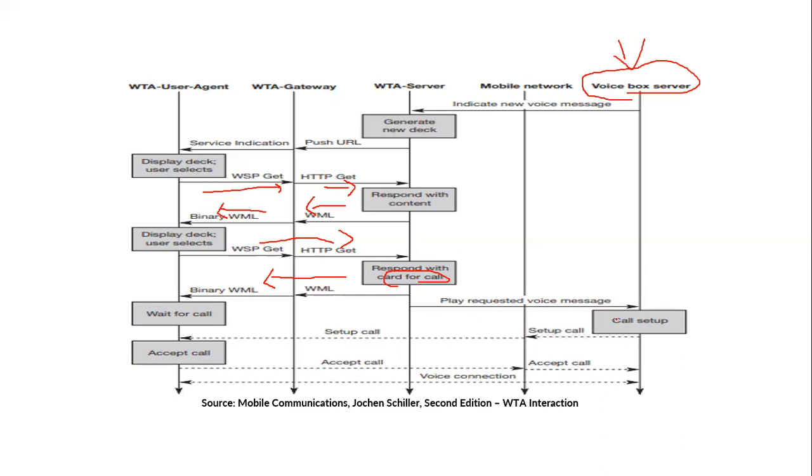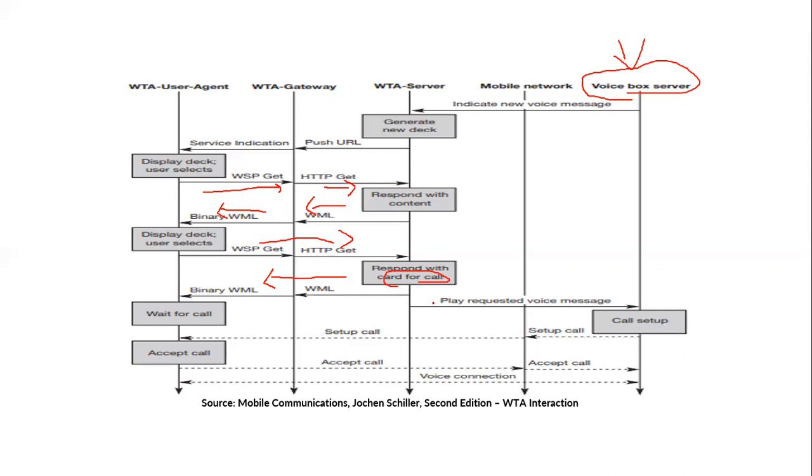The call setup information will be sent from the voice box to the mobile network, and then to the client, and the client will accept the call. Once the client has accepted the call, the client will be able to listen to the voice message. So this is just an example which shows how the interaction in WTA happens.